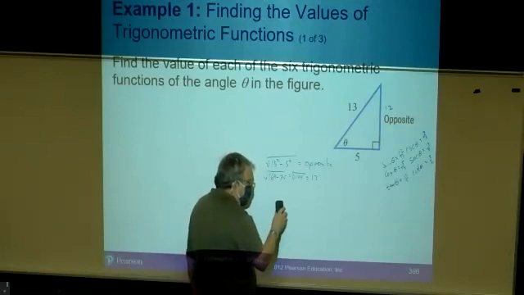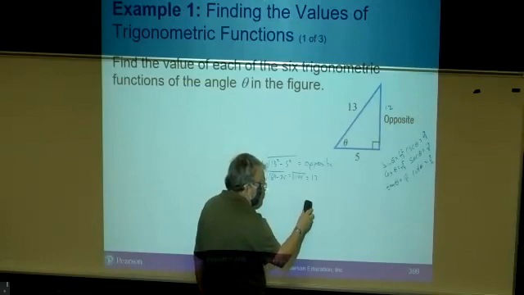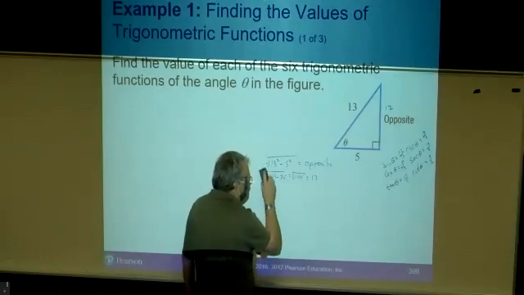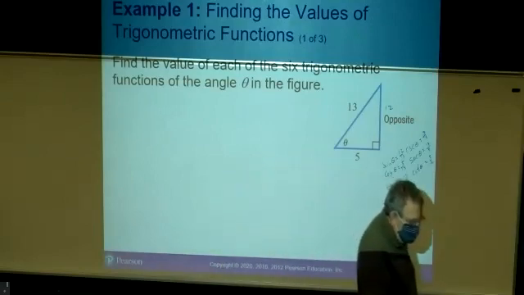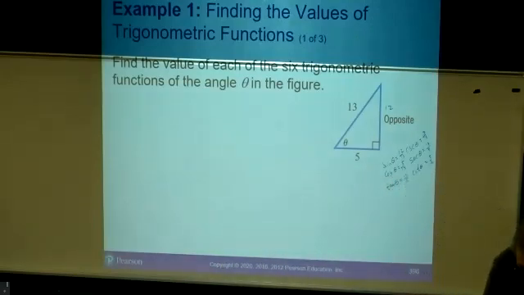Cosine is adjacent over hypotenuse. And tangent is opposite over adjacent. Yeah, I know where the letters come from. I just don't use it. It's not necessarily in my lexicon of things to use.